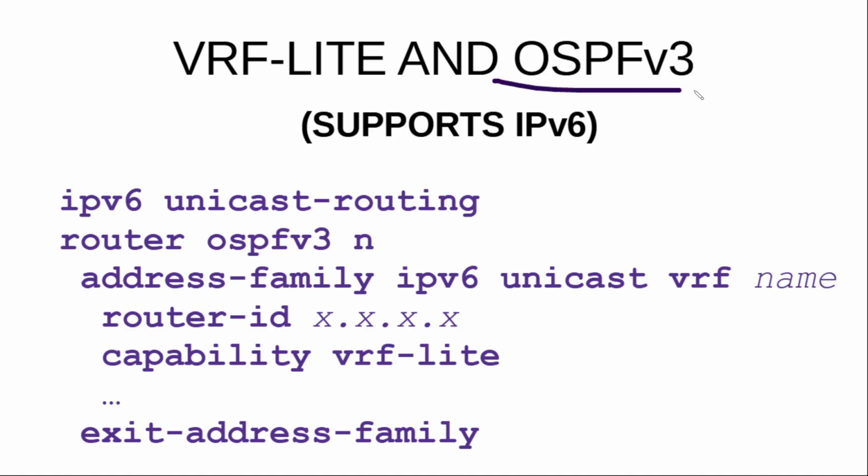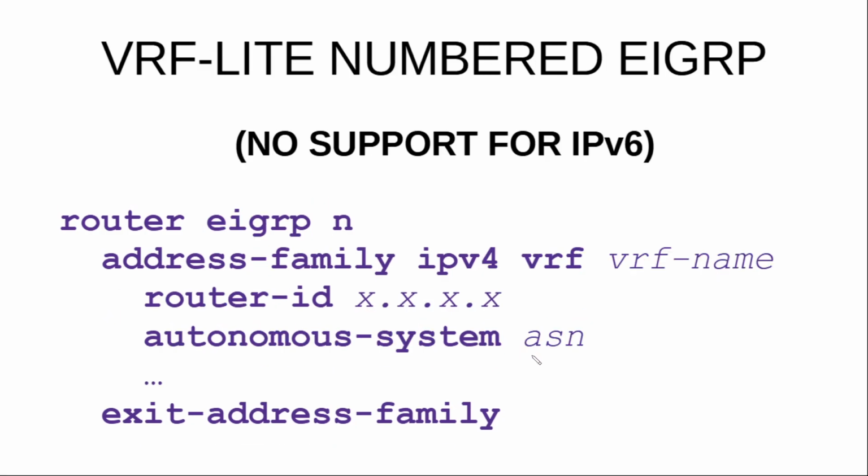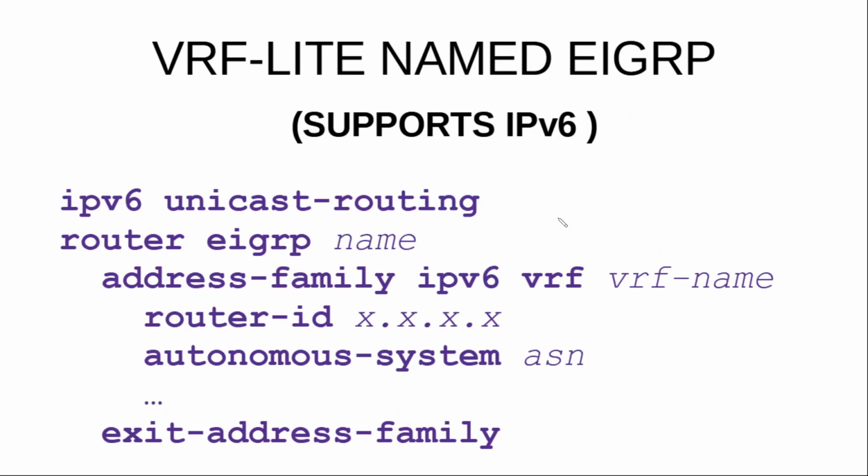You can also use OSPF version 3 with address families. In this case, you can use IPv4 and IPv6 address families with OSPF version 3. Remember to use the capability VRF LITE when using OSPF. You can use numbered EIGRP. Remember that numbered EIGRP does not support IPv6.